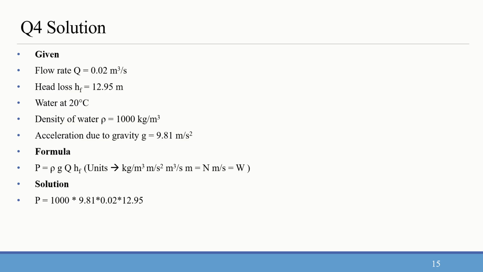On multiplying all these terms, we get 2540.79 watts. In the question it was asked that we should give the answer in kilowatts, so it is 2.54 divided by 1000, and it becomes 2.54 kilowatts. So that is for question 4.